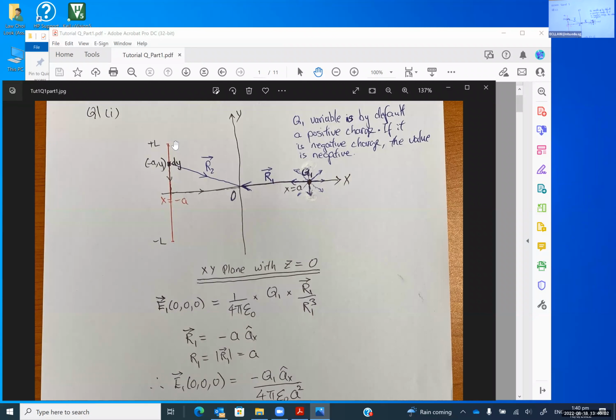So in other words, you are basically identifying a particular point charge along that line. So basically what we're saying to ourselves is this line charge, we're going to chop it up into very, very small length sections that we are cascading, from minus L to plus L in y-axis.